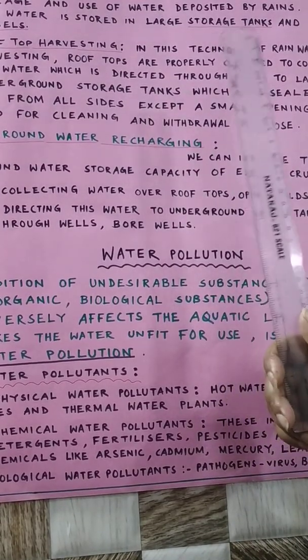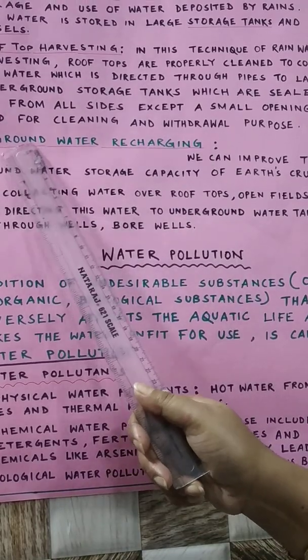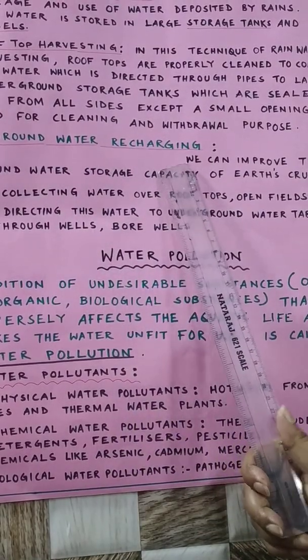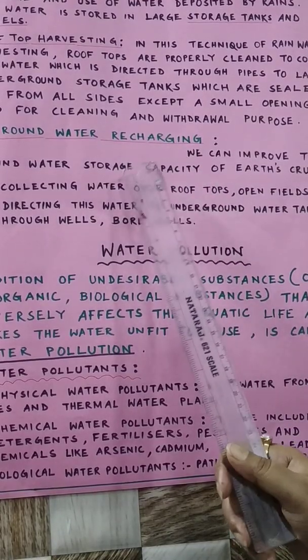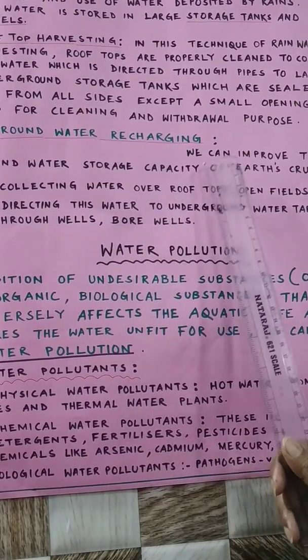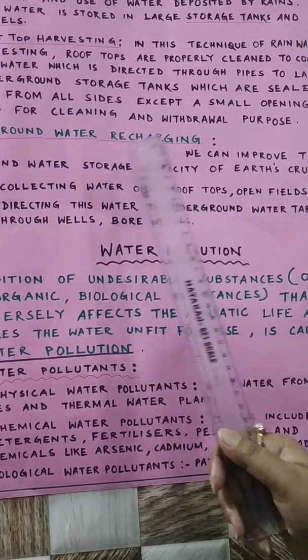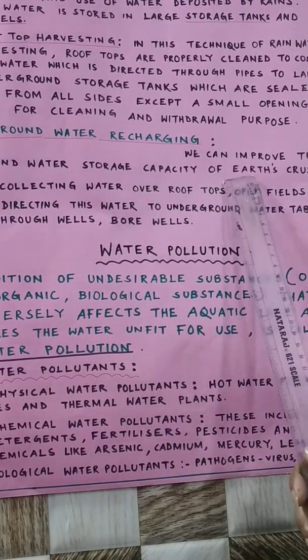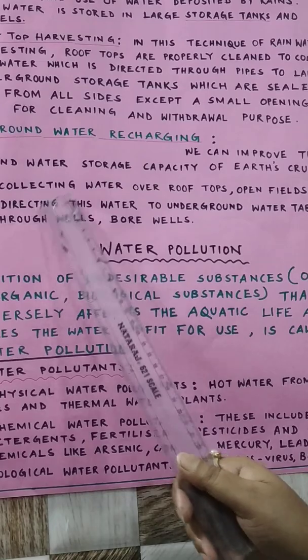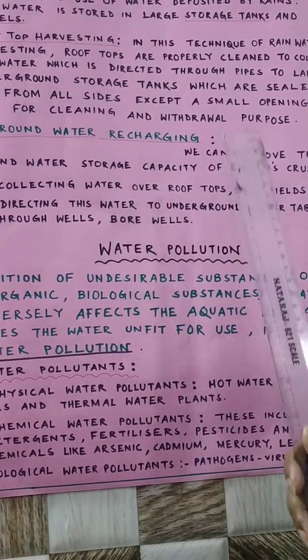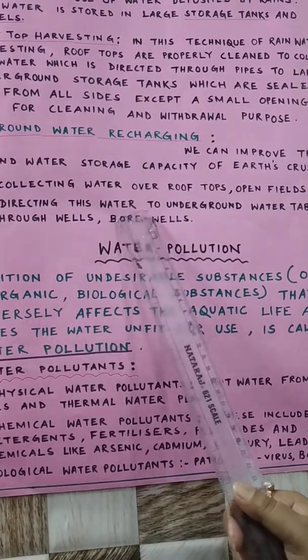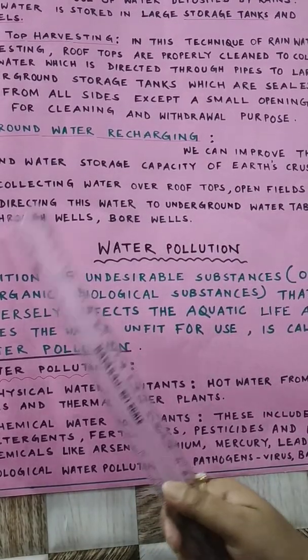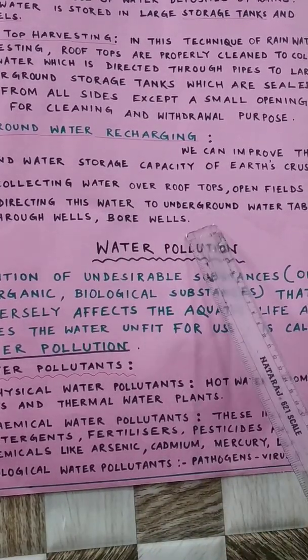Alright, now we will see the second technique, that is groundwater recharging. In this method we increase the groundwater level. How is it done? We can improve the groundwater storage capacity of Earth's crust by collecting the water over rooftops and open fields, and then directing this water to the underground water table through wells or bore wells.